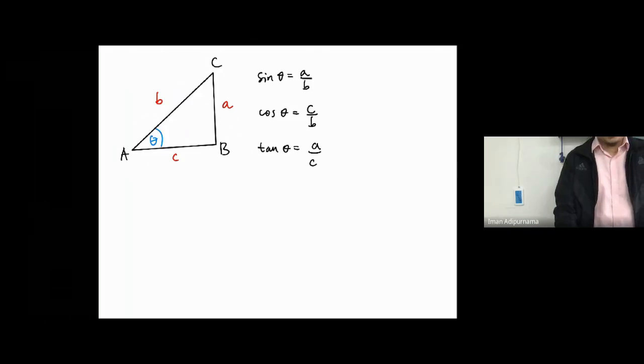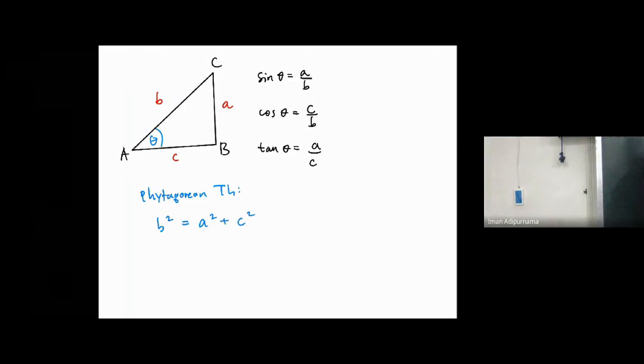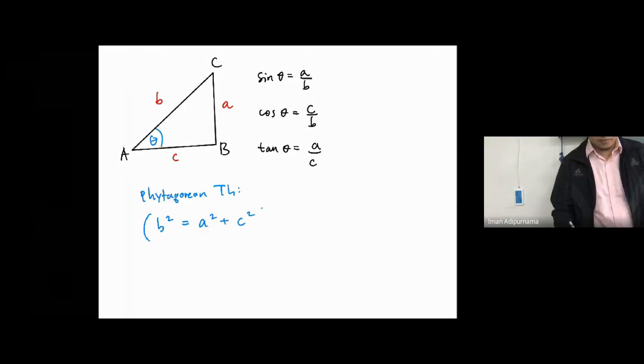And the Pythagorean theorem: B squared is A squared plus C squared, right? Let me divide all of this by B squared.